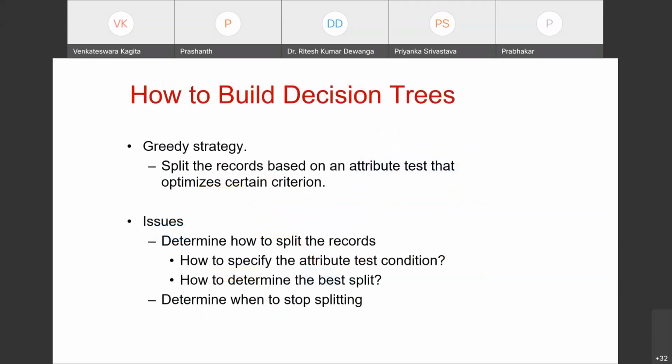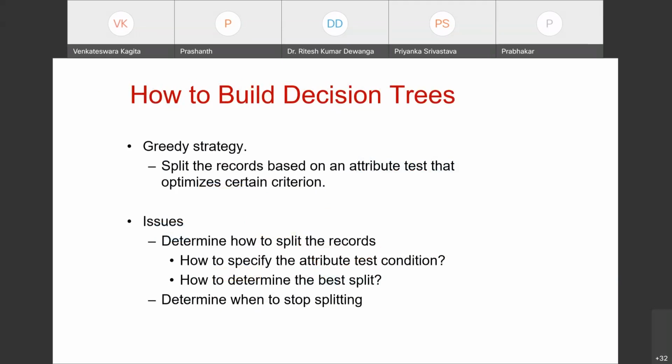Right. So now the question is how to build a decision tree. We have seen what a decision tree is and, given a decision tree model, how to classify a new instance. But how do we build a decision tree? How do we get one? We follow a greedy strategy to construct it.